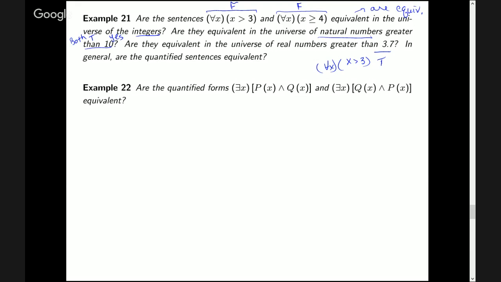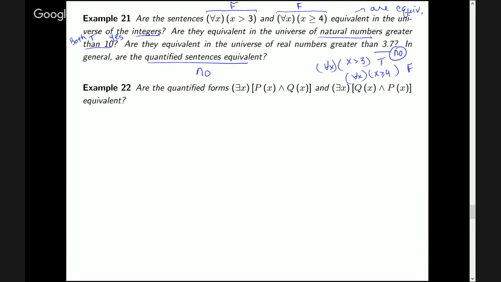But, oh wait, x greater than or equal to 4, no, that would be false, because 3.7 is smaller than 4. So they are not equivalent in that universe. In general, are they equivalent in every universe? No. So they are not equivalent sentences. For them to be equivalent, they have to be equivalent everywhere.